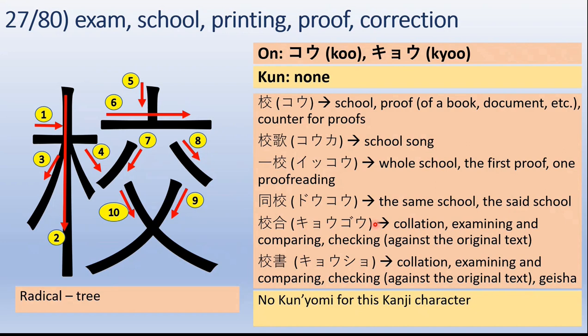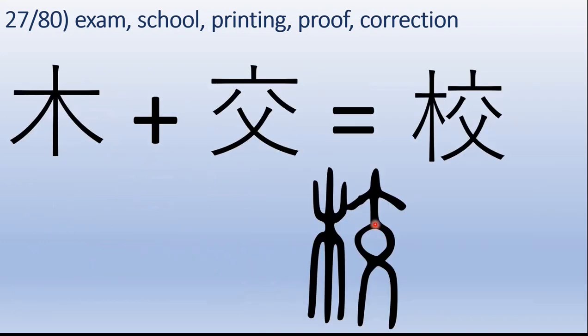So now let us see how this kanji has been derived. You can see here the tree radical, and this radical represents a person, and from here we have this final kanji symbol. Here you can see the ancient way of writing this character in Chinese.